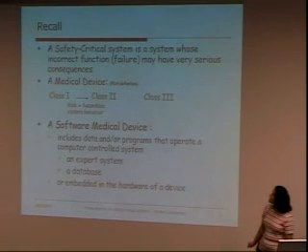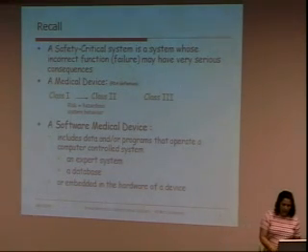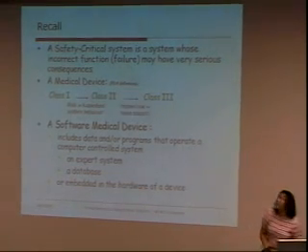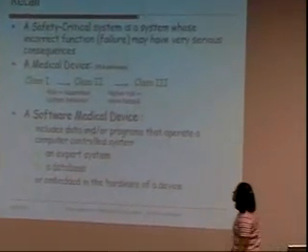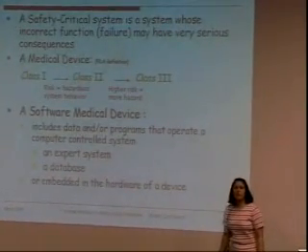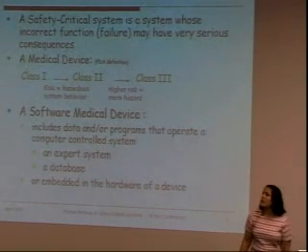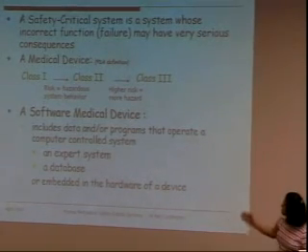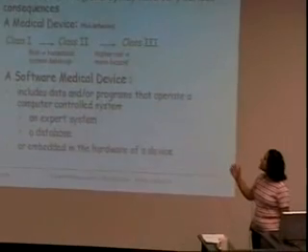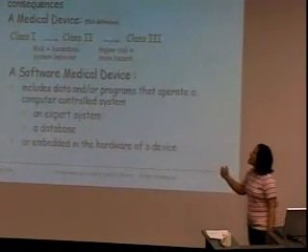As the class number increases, the risk increases, and as we have higher risk, it is more important to find out what the hazardous behaviors of the system are. And we also had the software medical device definitions.